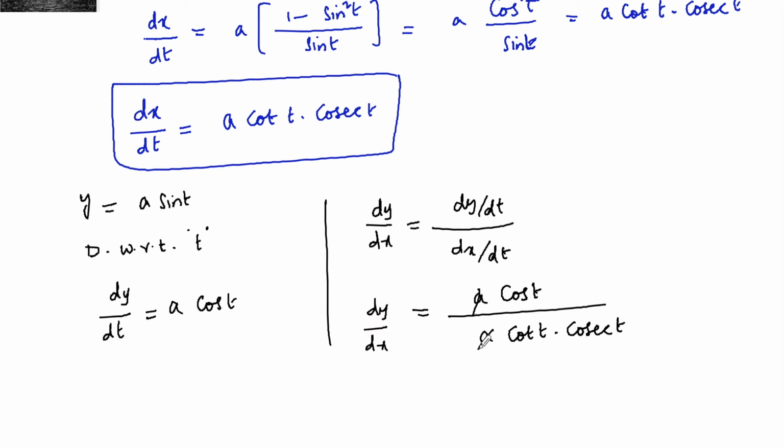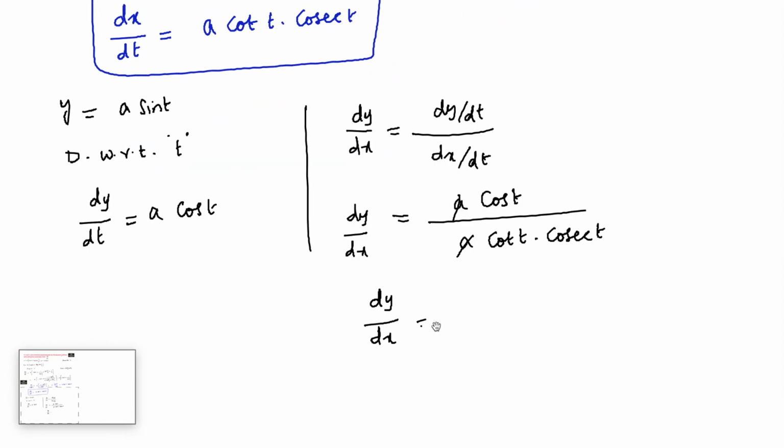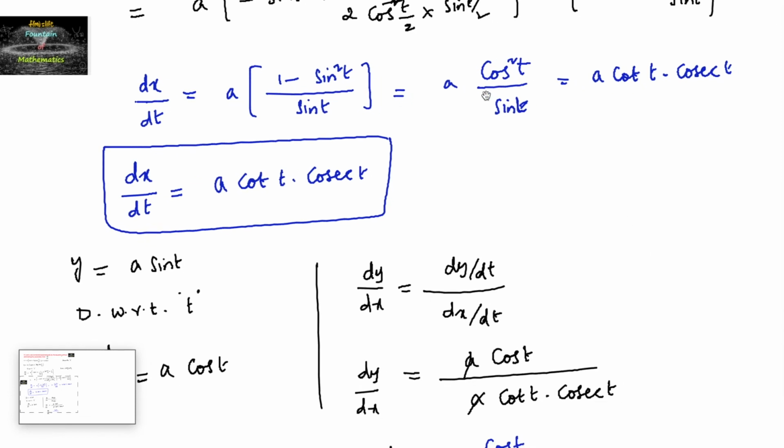So you can cancel a, and cot t is nothing but cos by sin. So I can write this as dy by dx is equal to cos t upon. So instead of writing cot t and cosecant t, a better thing we can go with is cos square t and sin t.